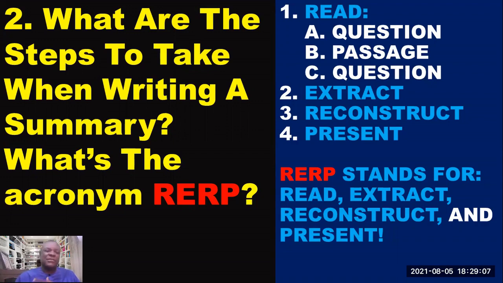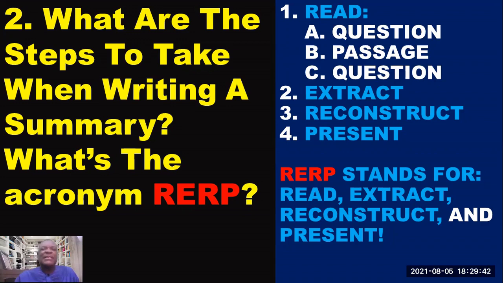Then at this point, you will pick each question if the questions are more than one. Some summary questions will just give you 1 question, or it may be 2, A and B, or it could even be A, B, and C. All right, so you pick each question, and once you understand what the question demands from you, then you head back to the passage, and the number 2 step will be to extract.